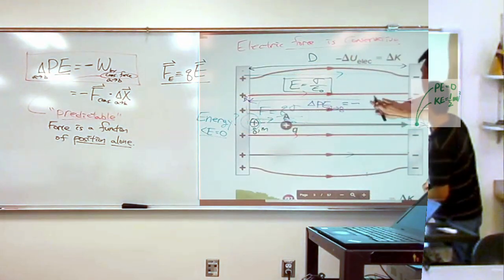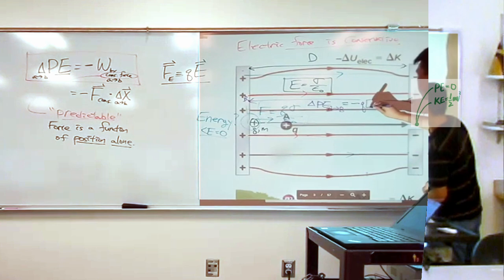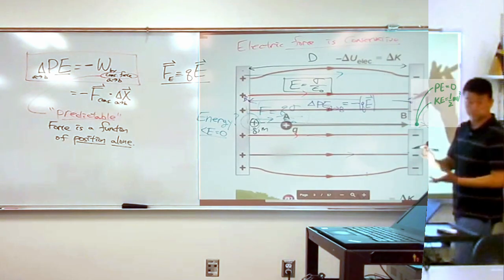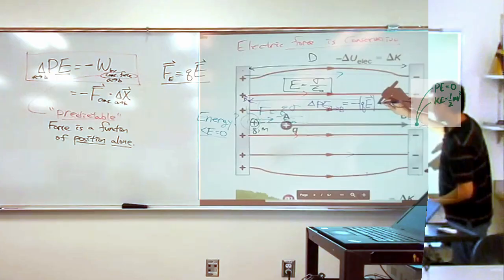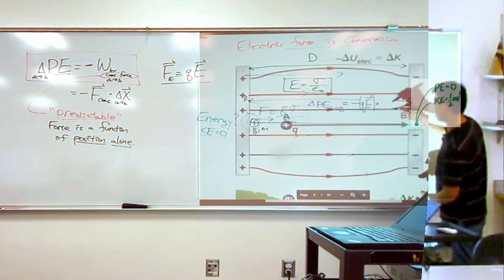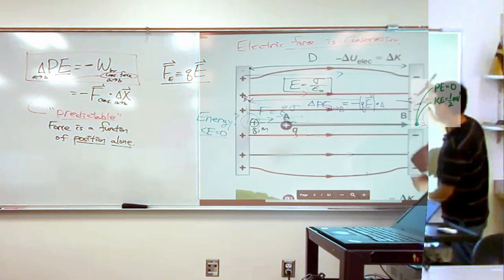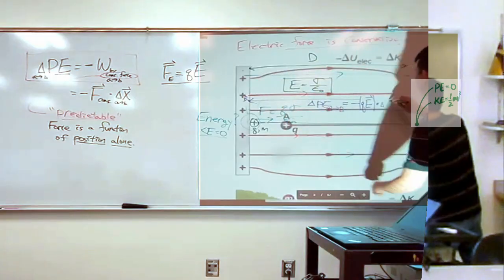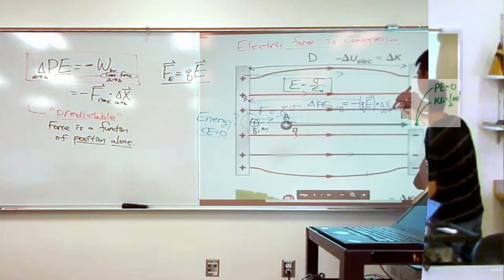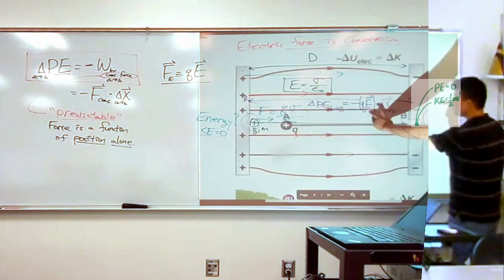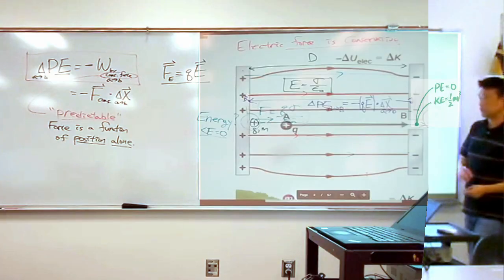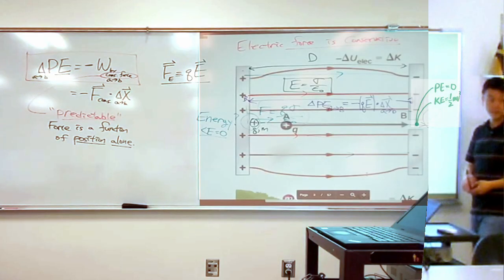So it's minus of charge times the electric field, dot product with the displacement, delta x going from A to B. Now, when I do this dot product, am I going to get a positive number or a negative number?